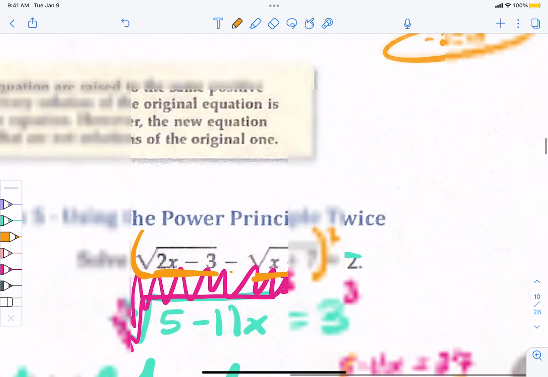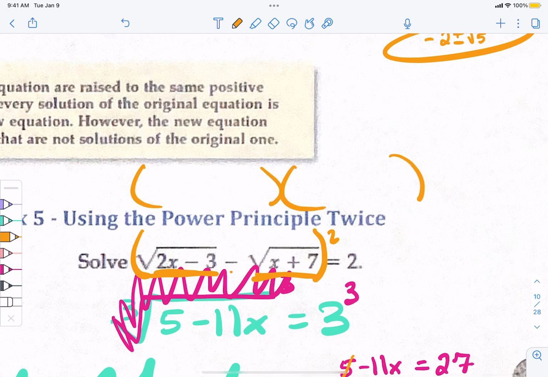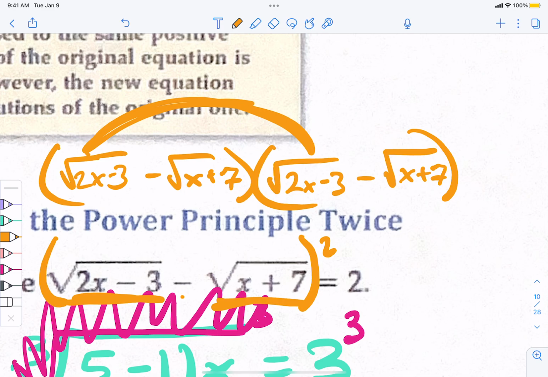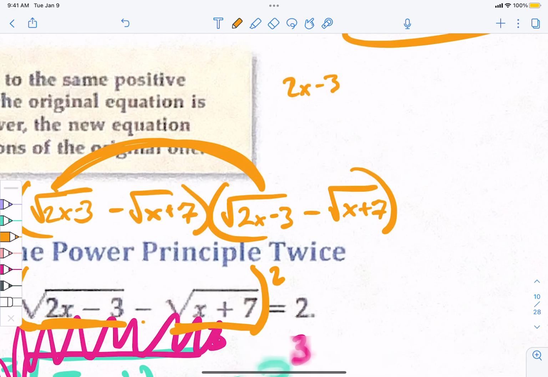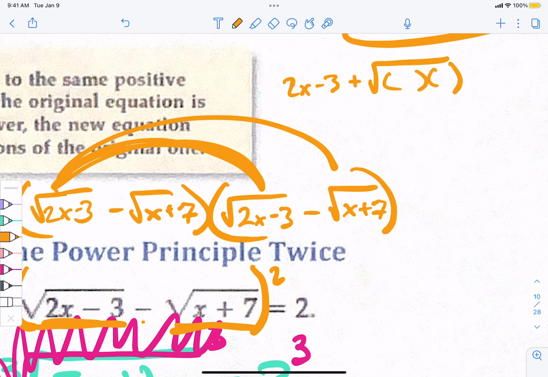So I would literally have to FOIL out the square root of 2x minus 3 minus the square root of x plus 7 times the square root of 2x minus 3 minus the square root of x plus 7, right? Which is nice because these two, when I multiply those together, that's just 2x minus 3, right? Like that falls out of there. But when I multiply this by this, I'll still have a square root in there. So this will be like plus the square root of those two things multiplied together, right?